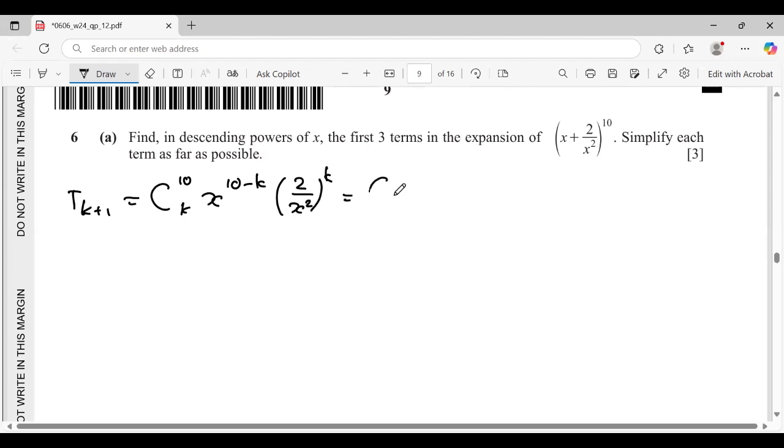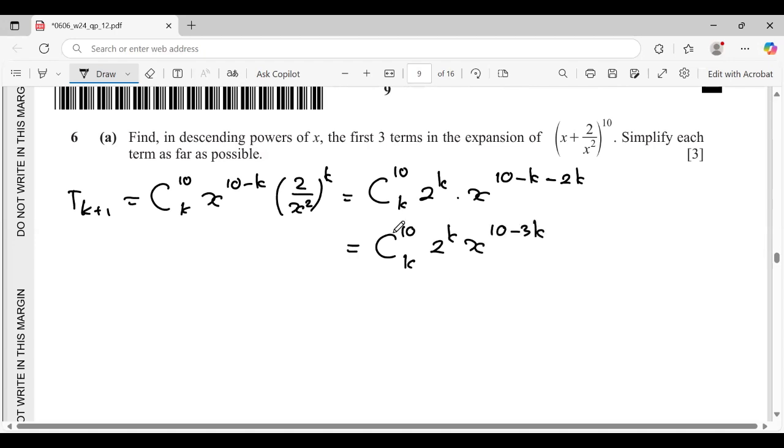So it becomes the combination 10 k, 2 to the power k, times x to the power 10 minus k minus 2k, because 2 times k. So it is the combination 10 k of 2 to the power k times x to the power 10 minus 3k. So this is T(k+1).